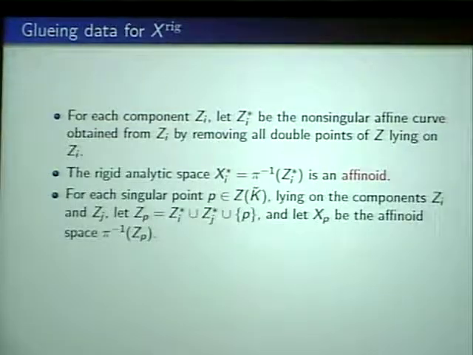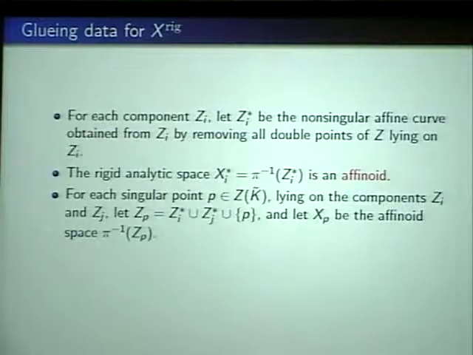And for each singular point P, which lies on, say, the two components Zi and Zj, you can let Z sub P be the Zi star union the Zj star union this point P, and let X sub P be the pi inverse of that thing. And this is, again, an affinoid.